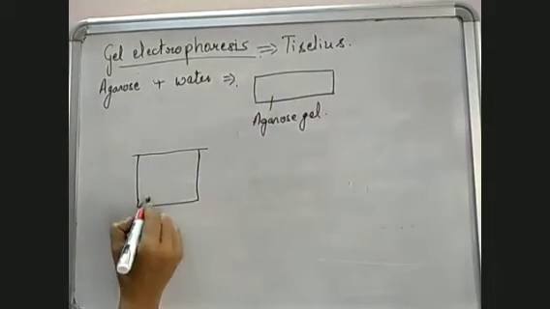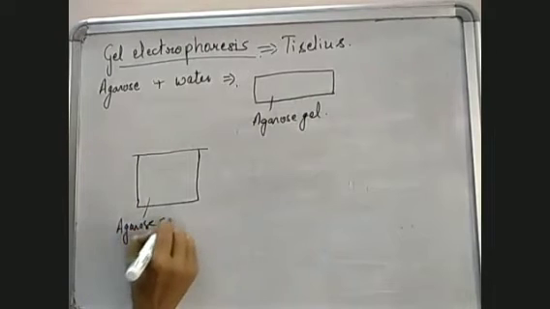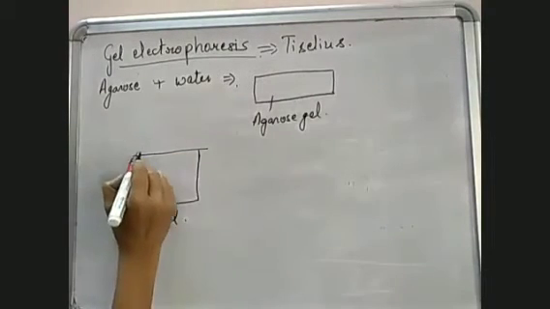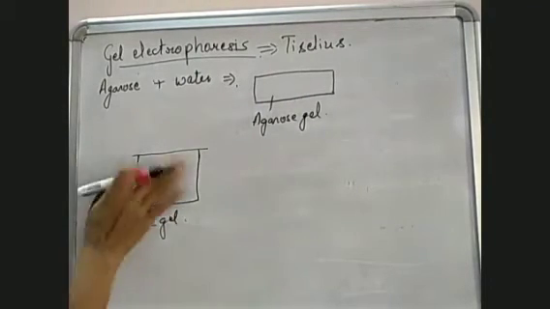This is the glass slide with agarose gel, and all the fragments are taken and they are allowed to flow through this agarose gel glass slide.